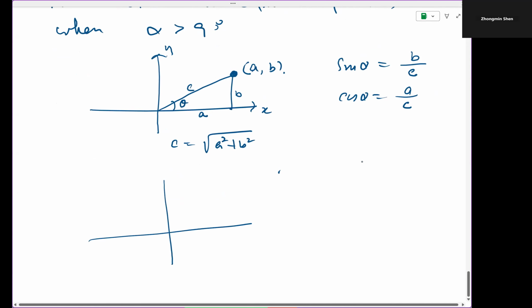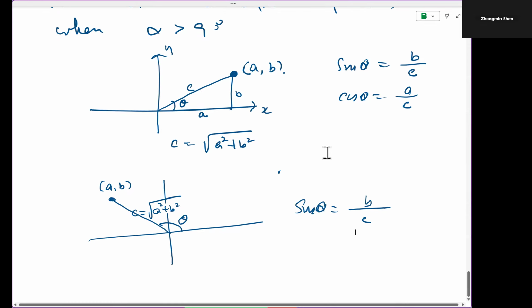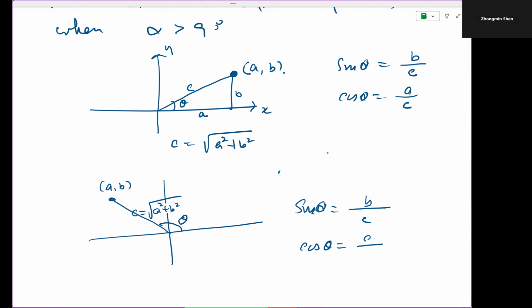So if I have the point here, this is the angle theta. If the coordinates are A and B, and C is the square root of A squared plus B squared, I notice that I can define sine theta to be B over C, and cosine theta will be A over C. In this case, B is still positive, but A will be negative.